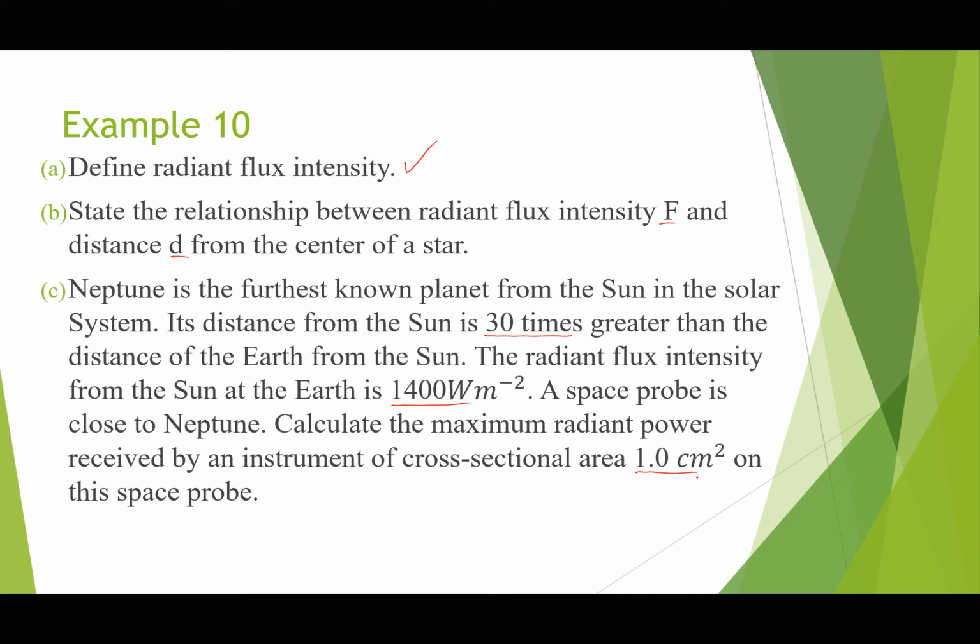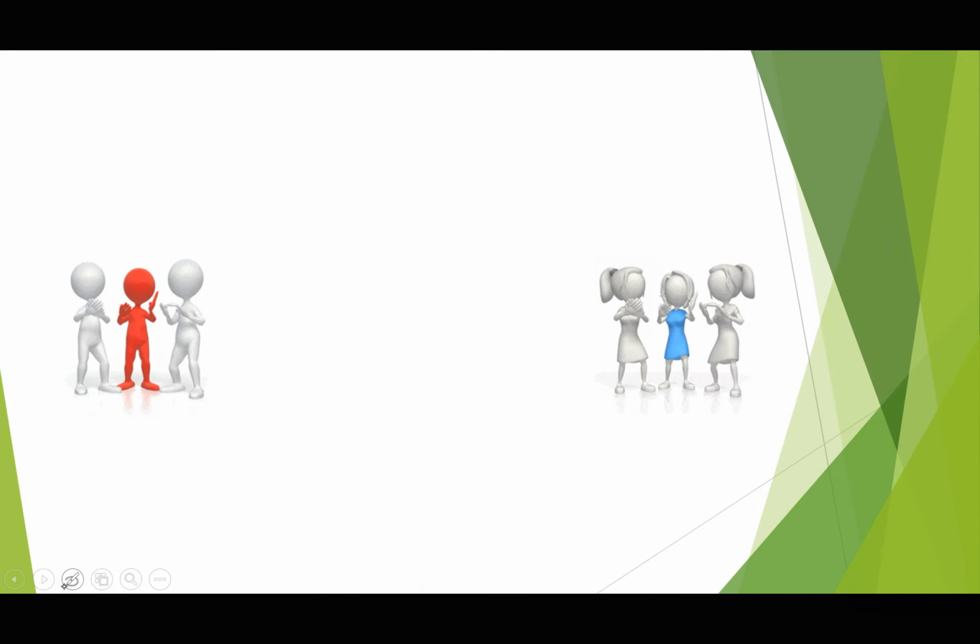Using F equals L over 4 pi d squared for the two objects, you should be able to find the maximum radiant power received by the instrument. In other words, you must find F at the space probe. I think that one you should be able to try out. And that is the end of Astrophysics.